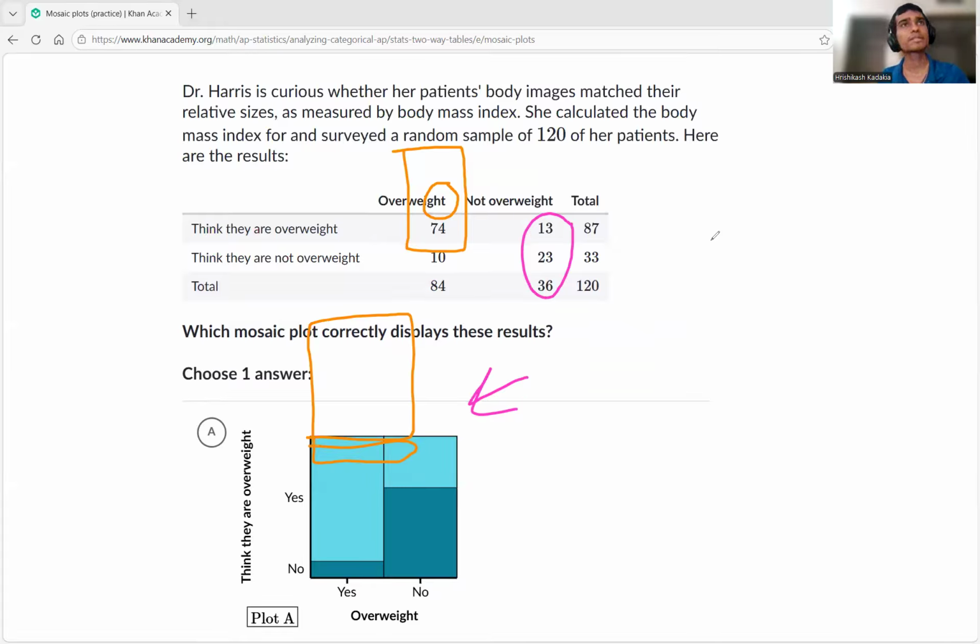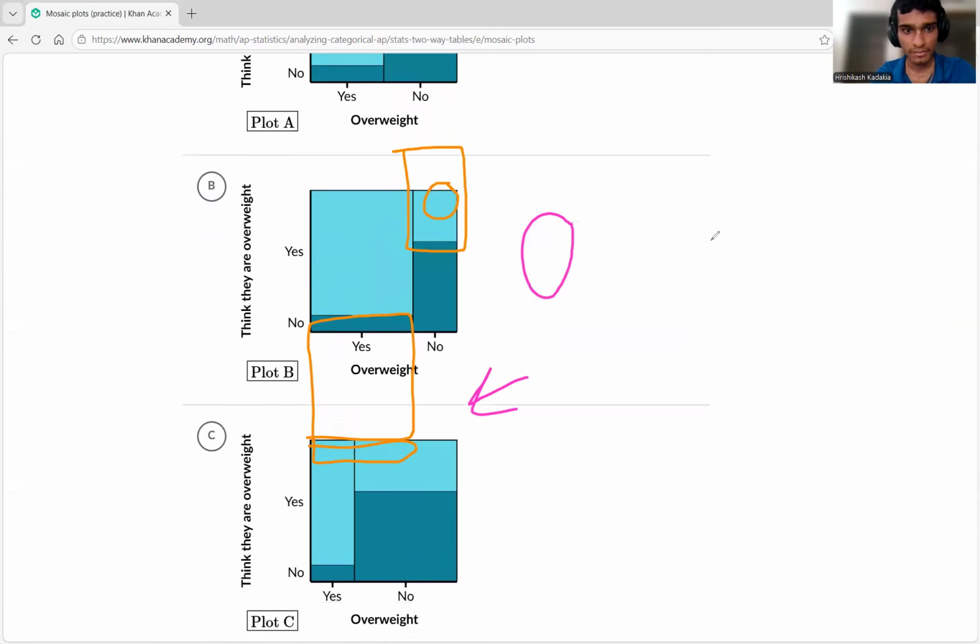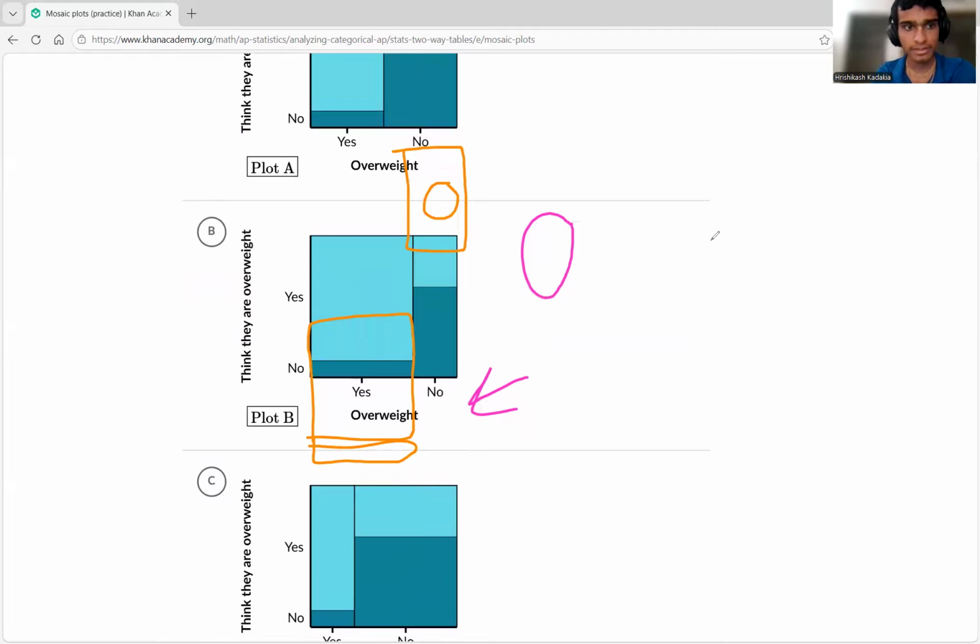So the people who are thinking not overweight are exceeding the people who are thinking overweight in the not overweight column. So take a look at option B. Yeah, that does seem like it. You see the no column is bigger than the yes column. If you match here, light blue is yes, dark blue is no. That does match.